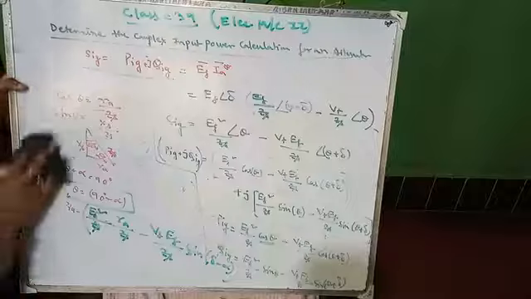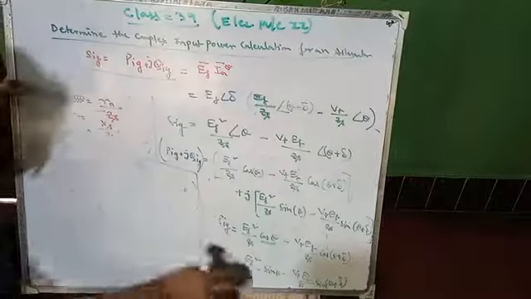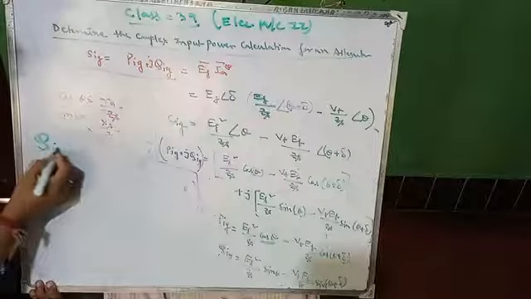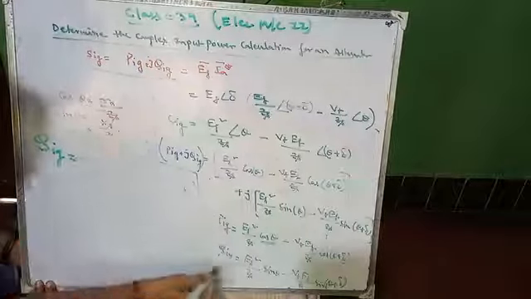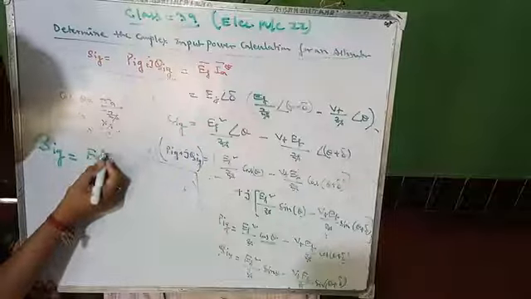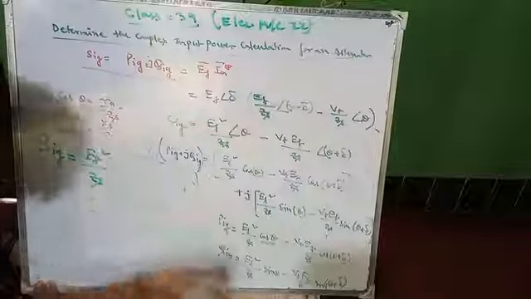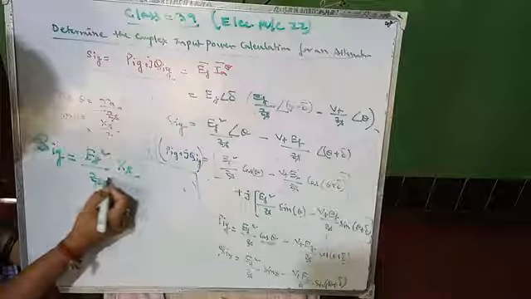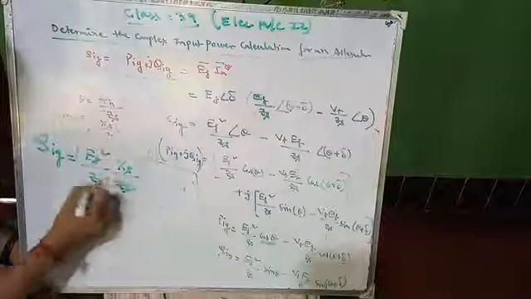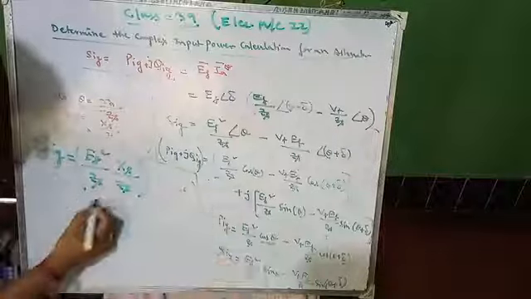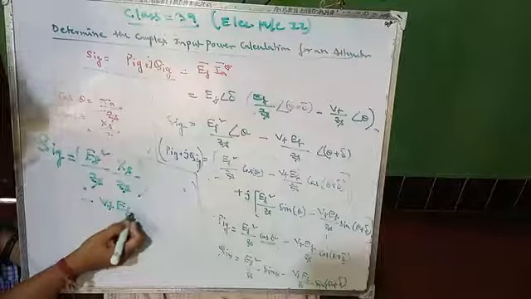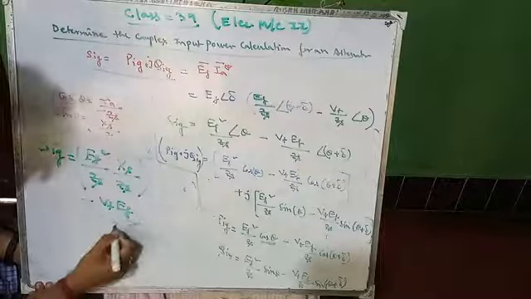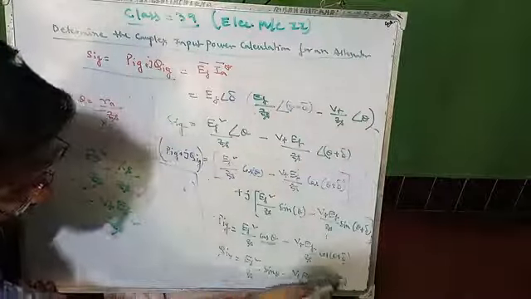Now I will move to the reactive part of the input power, that is QIG. QIG equals EF square by ZS sin theta, and sin theta equals XS by ZS. This is your first part, and negative VT into EF by ZS and sin theta plus del.